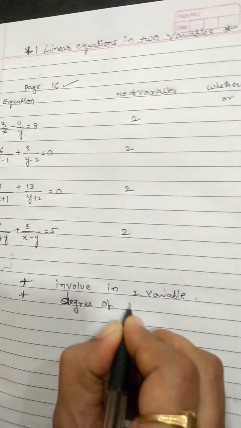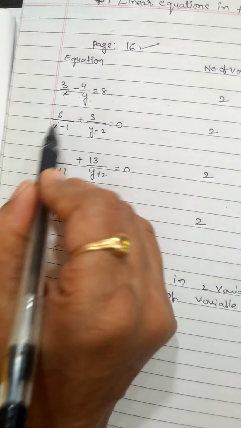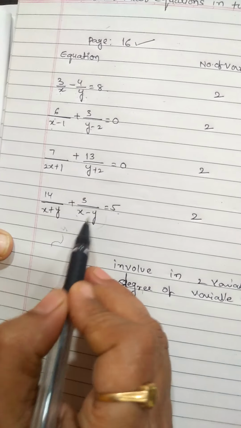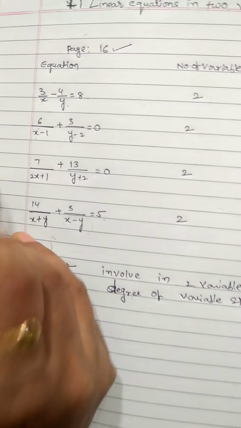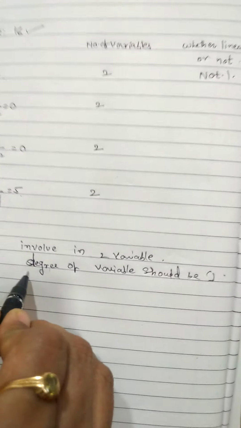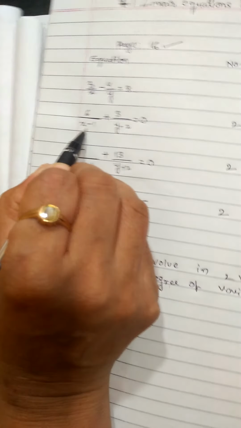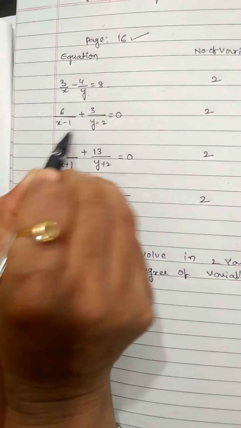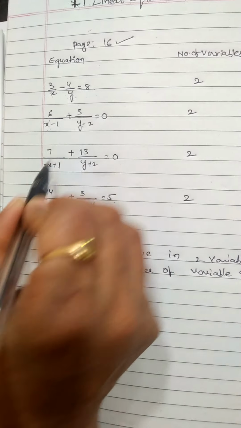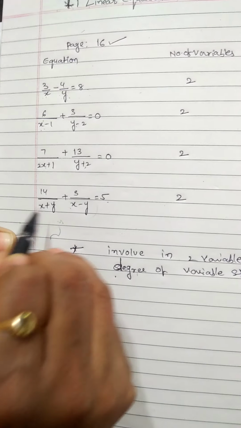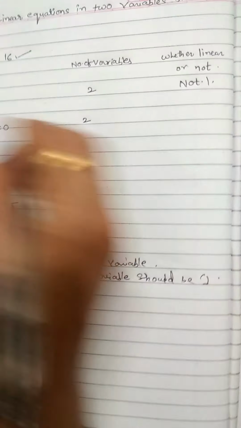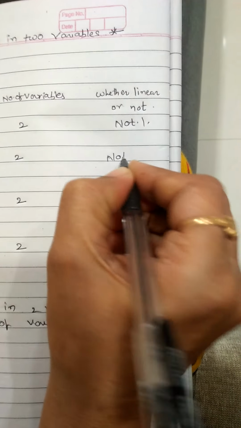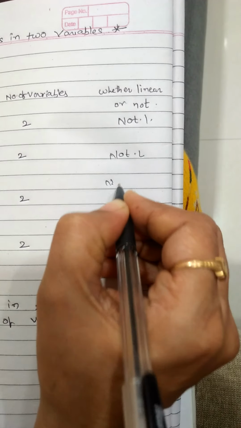Similarly, for all the equations, the variables are in the denominator. According to our rule, the variable should have degree 1, but here the variables are in the denominator, so the degree is not 1. So all the equations are not linear equations.